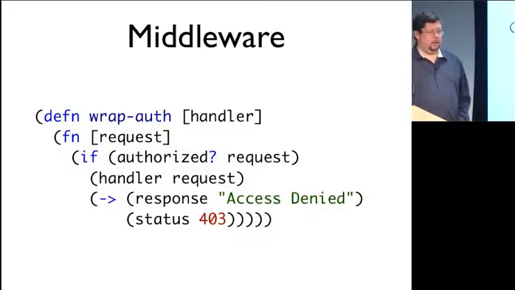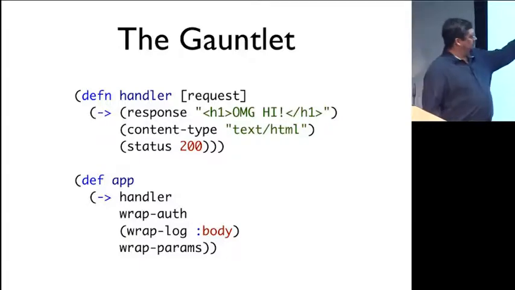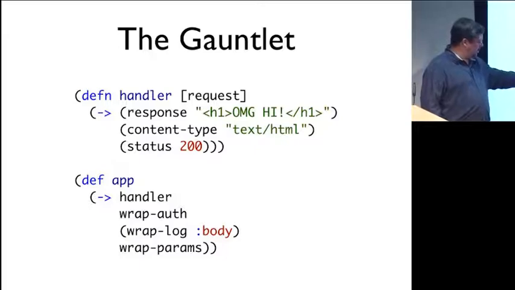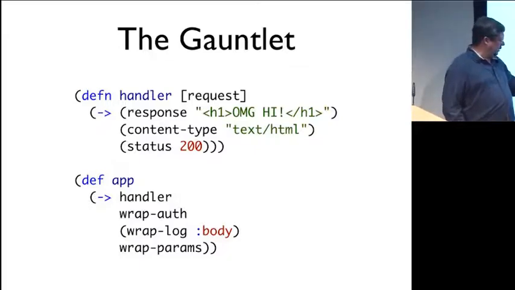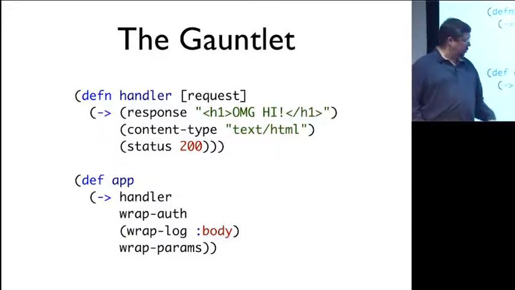And then the way you string them all together, this is really a full-fledged Ring app. You build your application that handles the final part of the request, and then you define app as the composition of this handler, wrap auth, wrap log, where you want to log the body, wrap params.